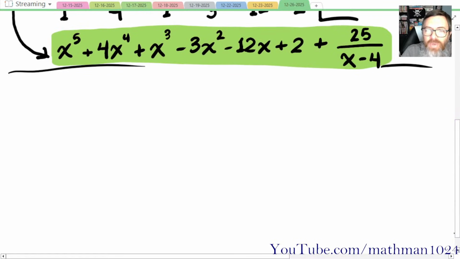All right, so let me show you one that a lot of my students freak out about when they see this in the homework.